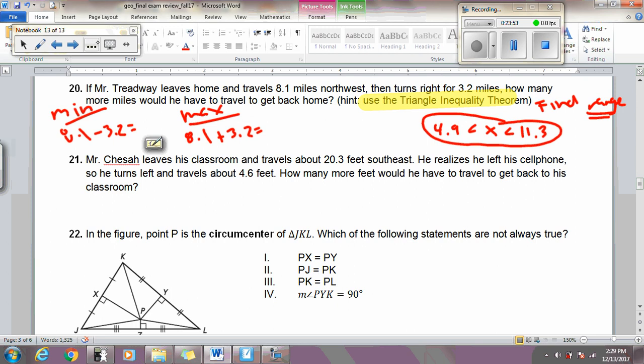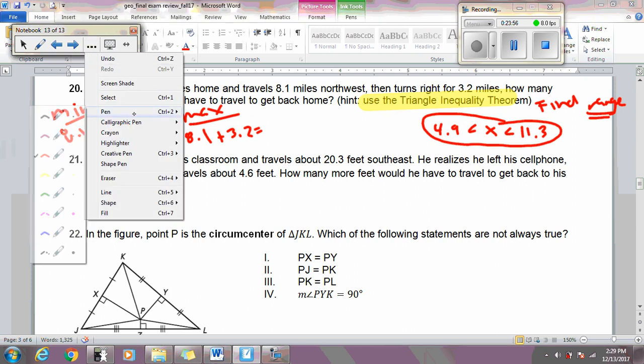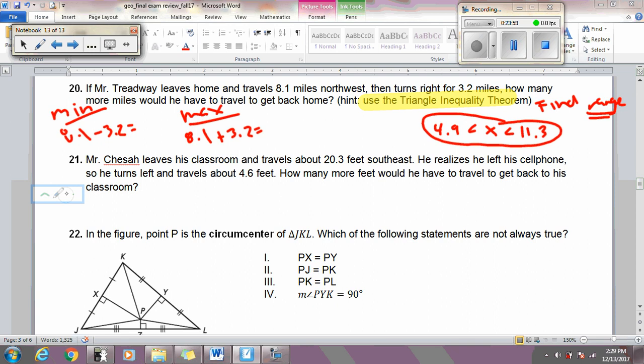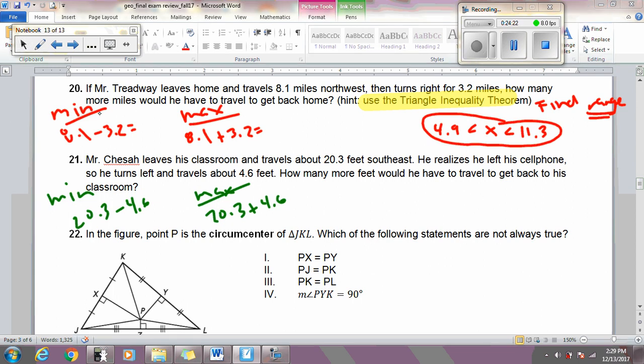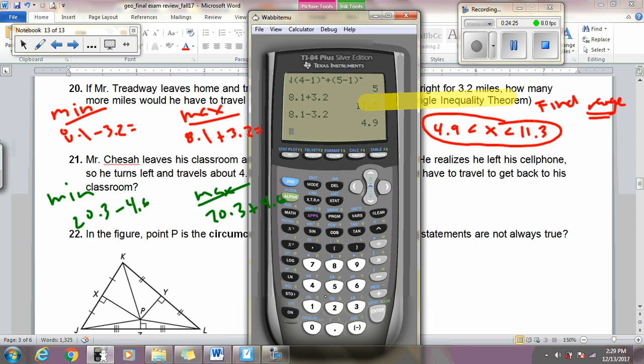Hint, hint, wink, wink. So for number 21, same type of problem, just different numbers. Again, find the range. So the minimum would be 20.3 minus 4.6. The maximum is 20.3 plus 4.6. I could do it in my head, but I don't feel like it right now. So 20.3 minus 4.6 first.